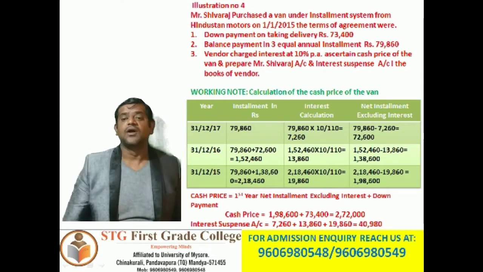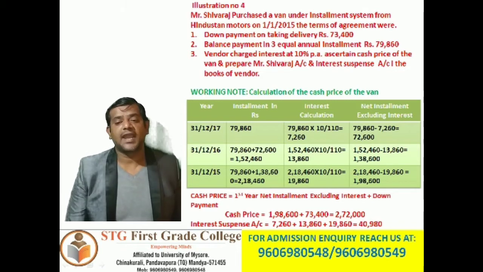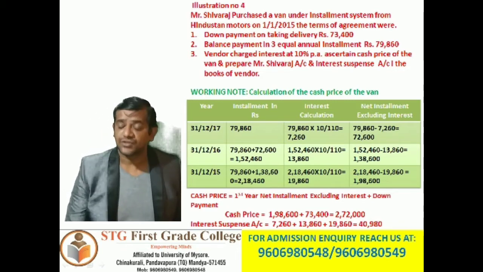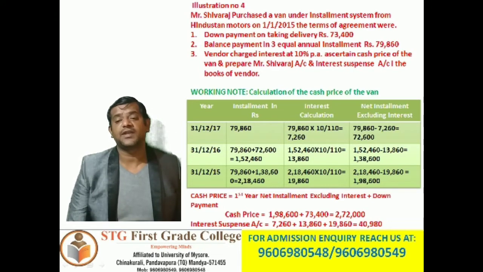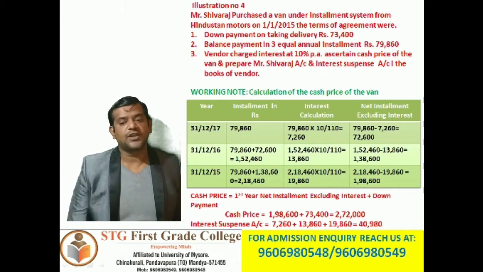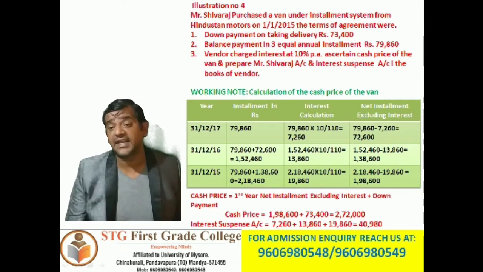Now go back to the net installment calculation: 2,18,460 minus 19,860. The net installment money paid is 1,98,600.